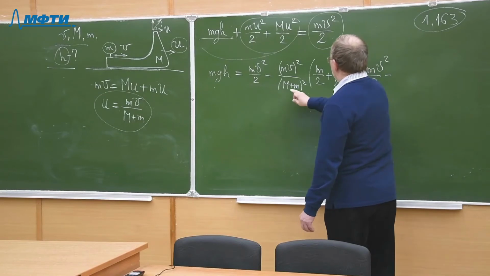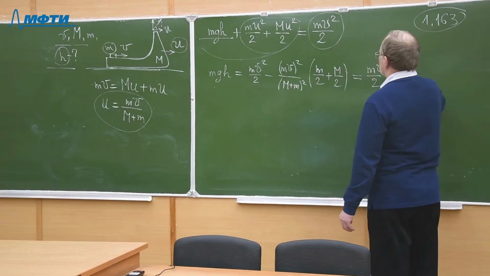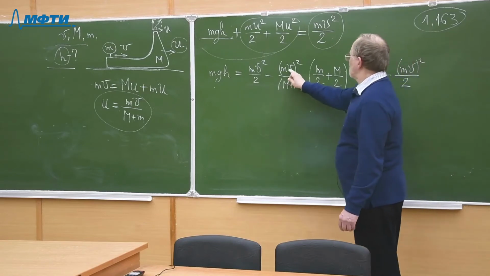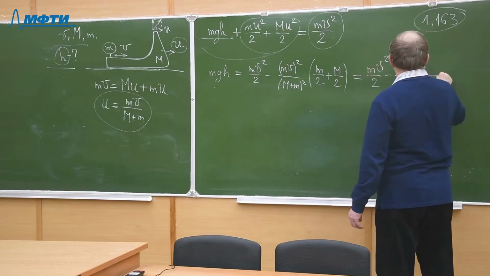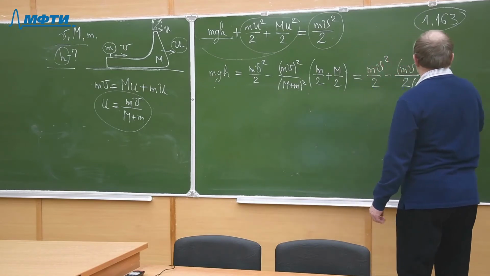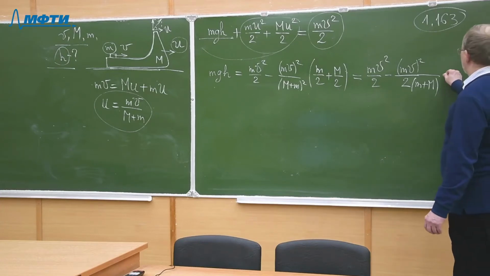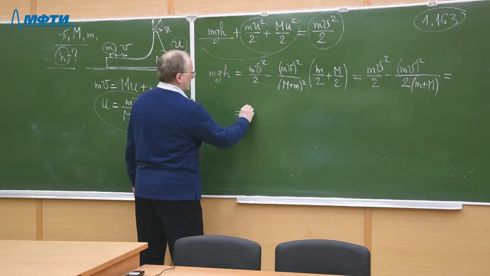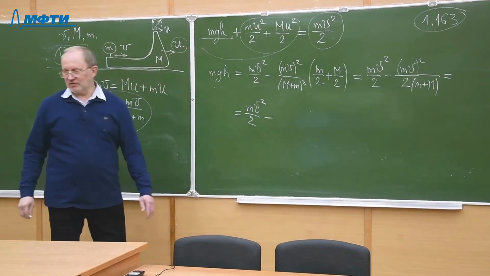That will be m plus M squared, and here I will have also m plus capital M. So that will be mv squared over 2, and m plus M will cancel, and only one m plus M will remain in the denominator. To continue this calculation, I will do it in a different way.